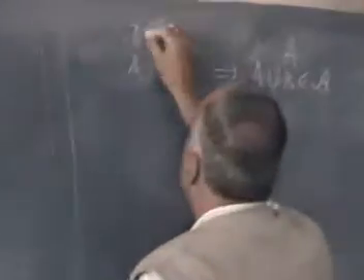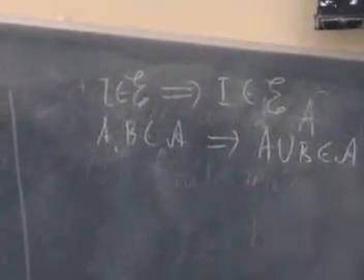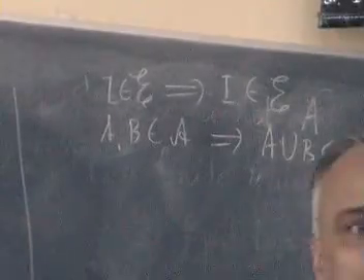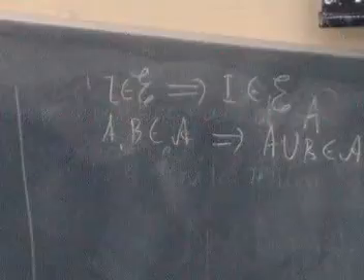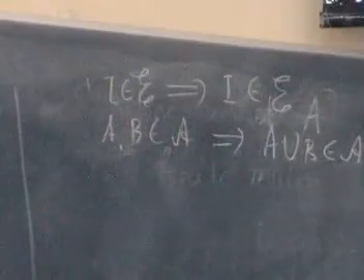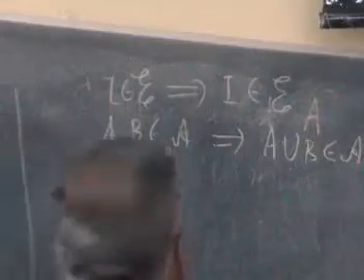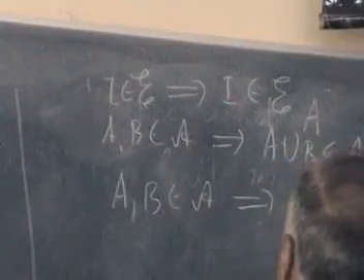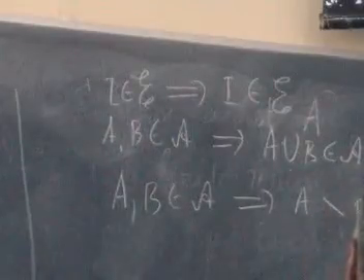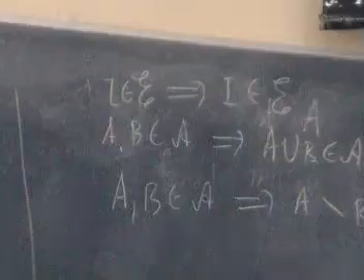Secondly, an interval I belongs to A, since it is a finite union, a single union of itself. So all the intervals are there, all finite unions of intervals are there. Suppose you take this, that's also there.